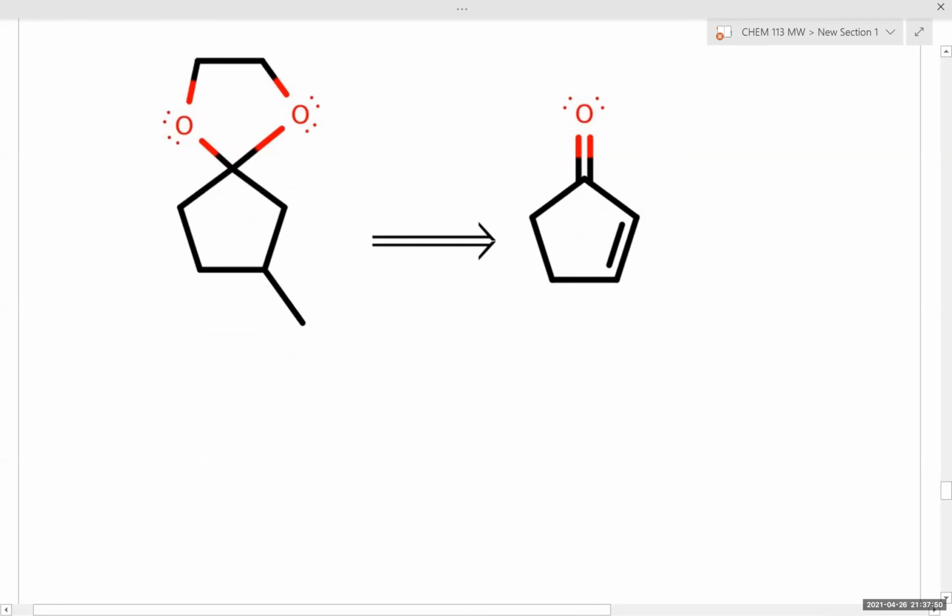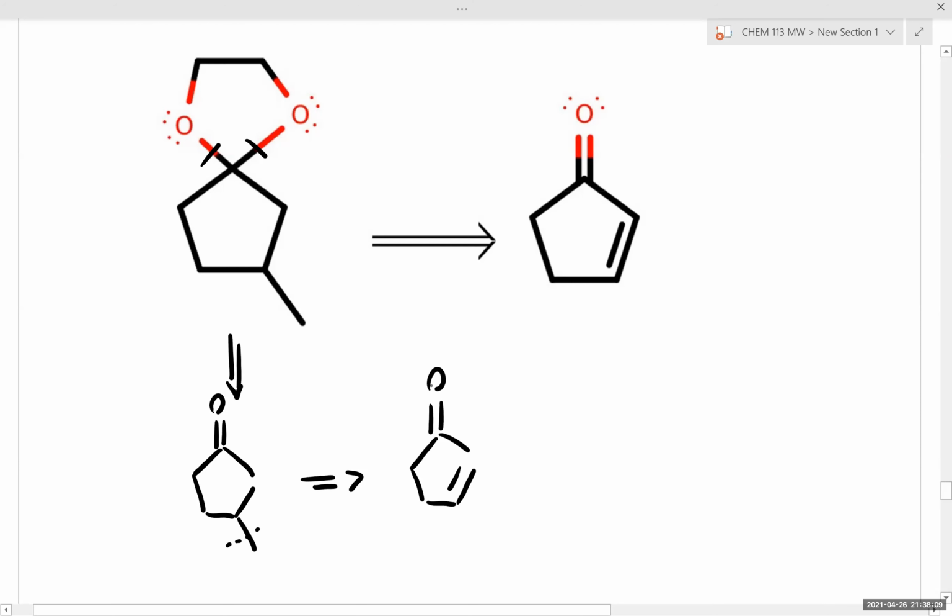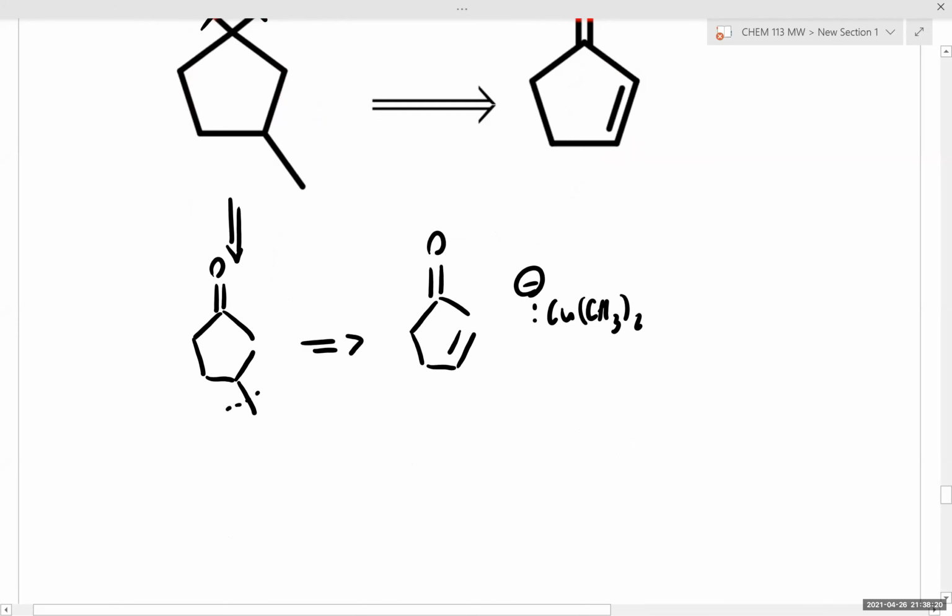In this case, we're asked to prepare the following compound from this starting ketone. First, we can break off this acetal to get our parent ketone. And of course, we can add any alkyl group to the beta position of an unsaturated ketone using an organocuprate.